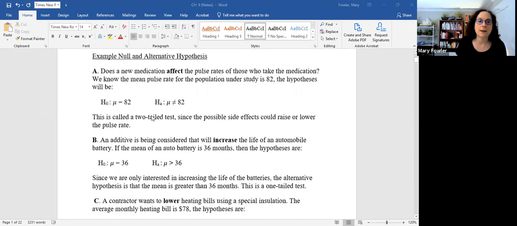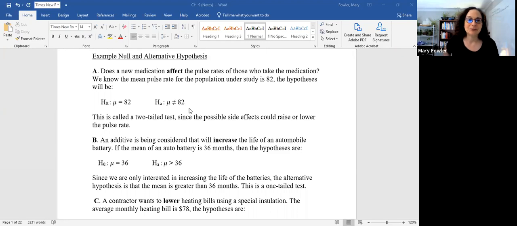So in the situation in chapter 9, we will always be talking about making hypotheses about the population mean. So all 3 of the examples that I lay out here are about pairs of hypotheses about a population mean.